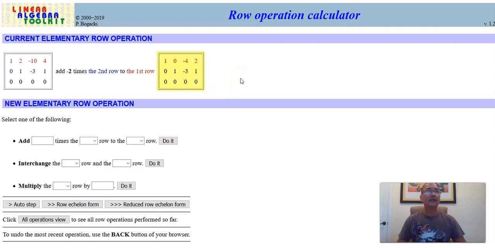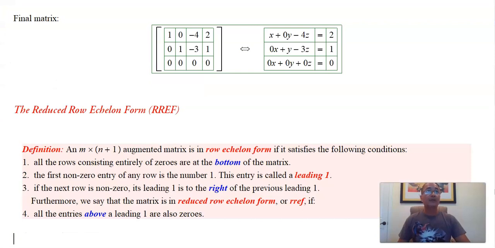Well, let's go back to our lecture file. So I have here a copy of the final matrix that we got, and we said if you have a system of linear equations, you can make the augmented matrix. Well, that works in both directions. So now that we have this new augmented matrix, let's write down the corresponding system of equations.